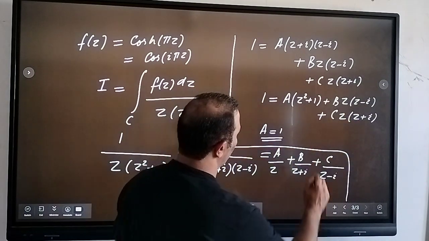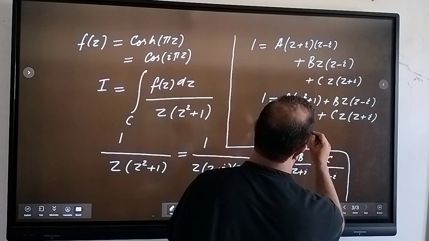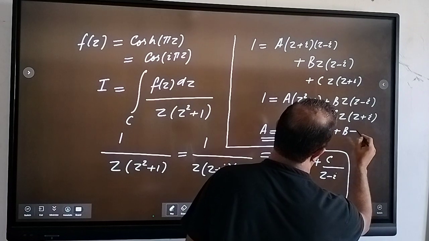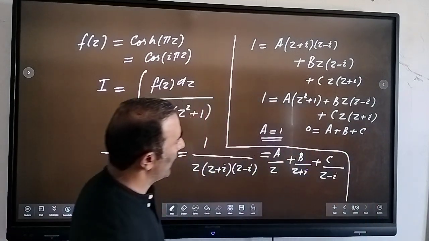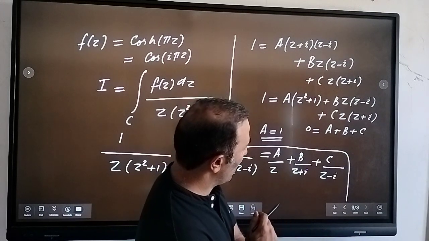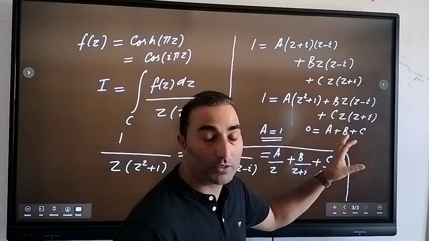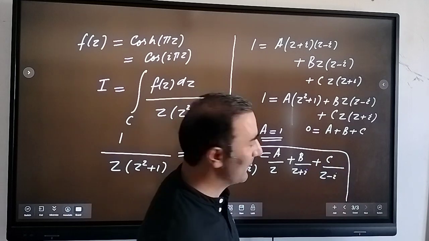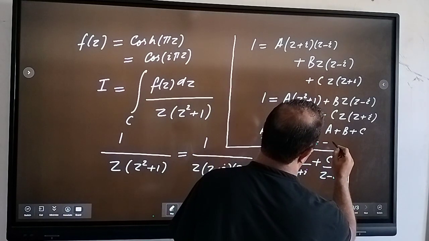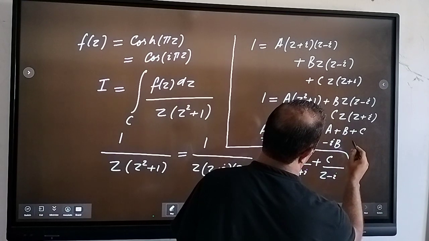So 0 will be equal to a plus b plus c. And similarly, now compare the coefficients of z here, so 0 will be equal to minus iota b.